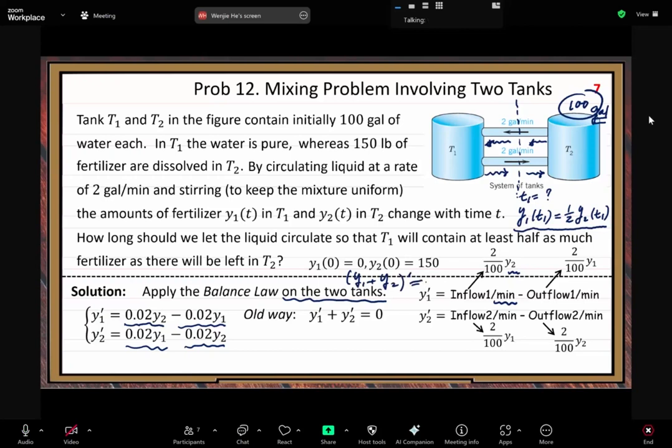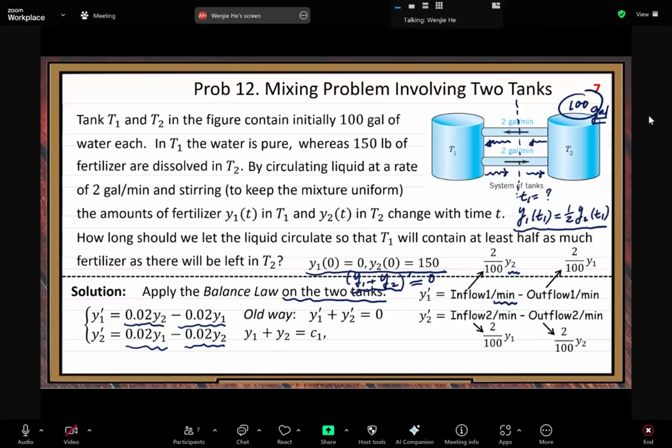And we know if the derivative of a function equals 0, this function equals a constant. So y1 plus y2 equals a constant, C1. What is C1? You can use the initial values: plug in t equals 0, and you get C1 equals 150.